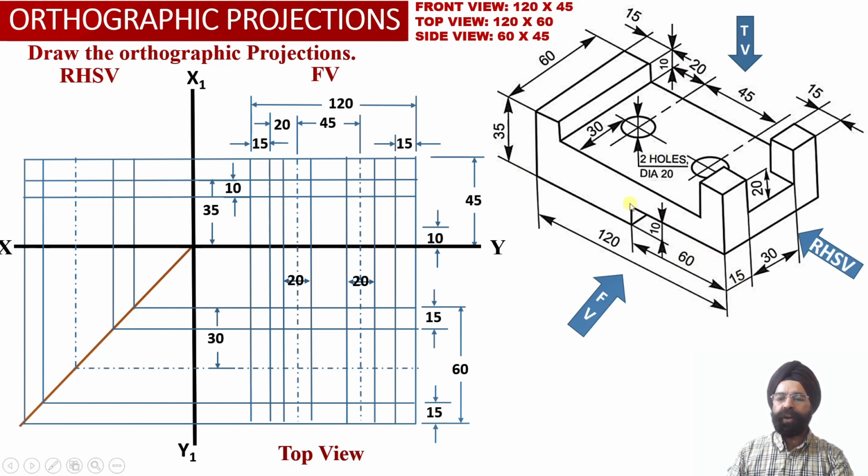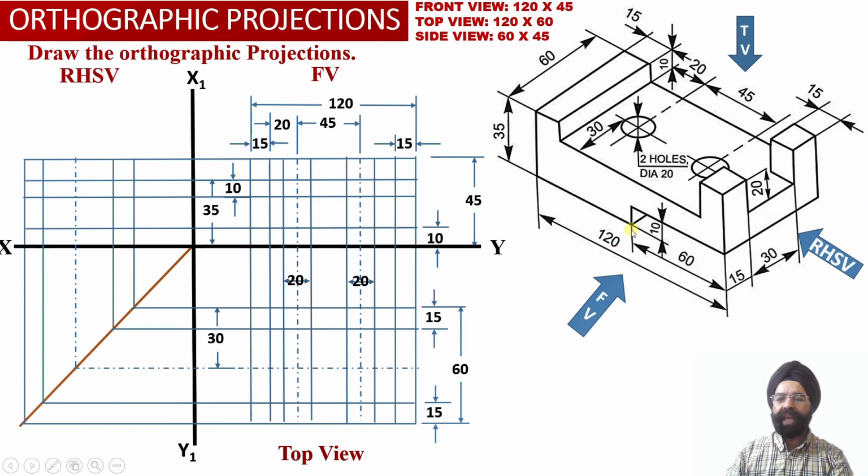So corresponding to this rectangular slot, the 10 millimeter height we have marked in the front view projections, and another horizontal projector line has been drawn in the front view projections, and this has been appropriately extended into the right hand side view projections as well.